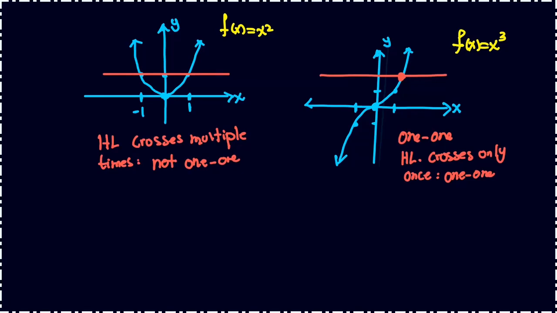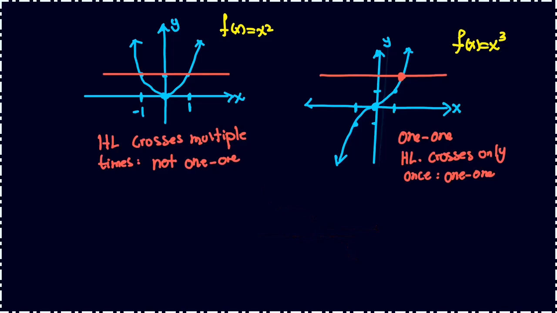As you see, this graph is decreasing sometimes, and sometimes it's increasing, whereas the graph of a one-to-one function is monotonic. As you see, this graph is always increasing. You can have a decreasing graph like this, and as you see, this graph is one-to-one because if I draw a horizontal line, it crosses only once.